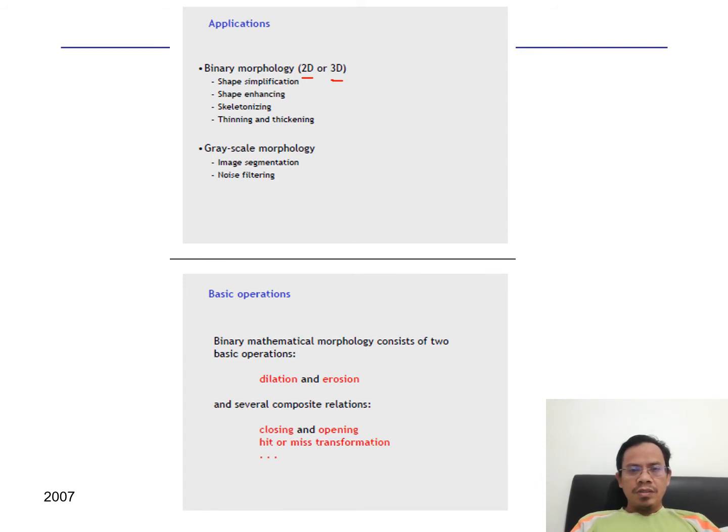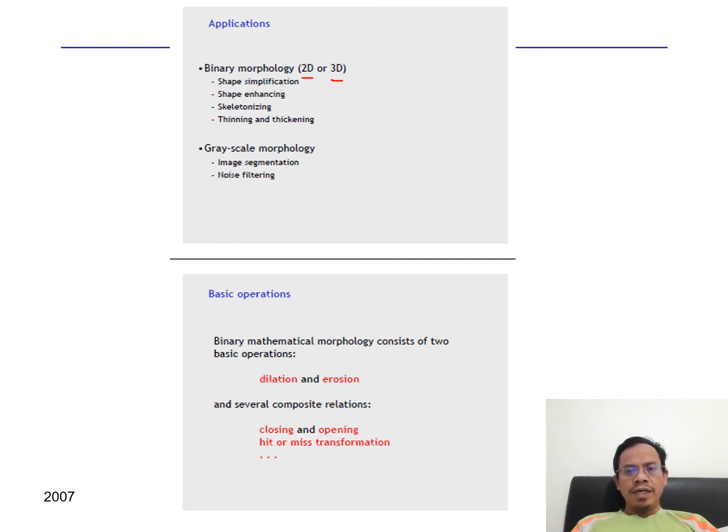Its applications are shape simplification, shape enhancing, skeletonizing, thinning and thickening. For grayscale morphology, there are only two applications: image segmentation and noise filtering.